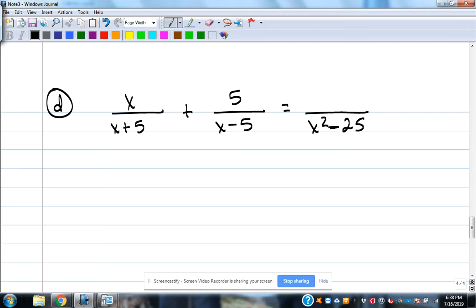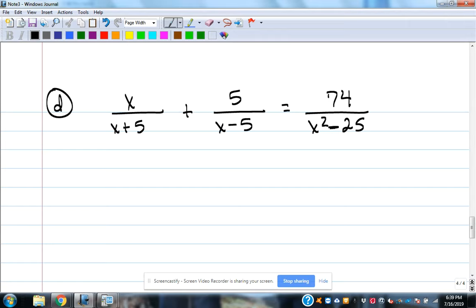I want to change the answers on this, and this one doesn't work out real great. Let's change it to 74, 74 instead of the 50. So x over x plus 5 plus 5 over x minus 5 equals 74 over x squared minus 25.